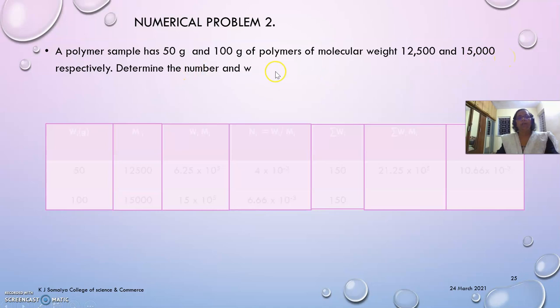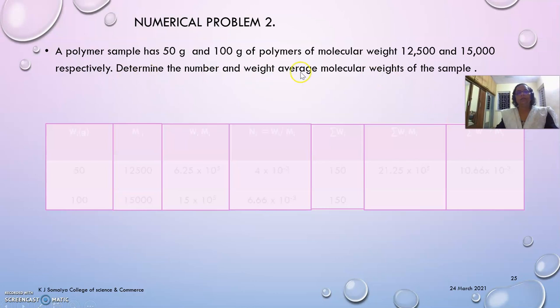Determine the number average and weight average molecular weight of the polymer sample. As we can see, in this problem also no direct number is given. Instead, we are given the weight of the polymer sample, 50 gram and 100 gram, and their molecular weights.